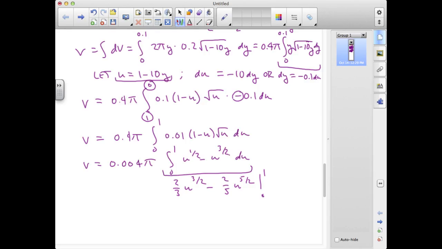And so what we end up with is the volume is equal to 0.004 pi times 2/3 minus 2/5, which ends up being 4/15. And if we plug those numbers in, we once again get 3.351 times 10 to the minus 3 meters cubed. That number had better match the value we got using the cylindrical disk element, and it does.